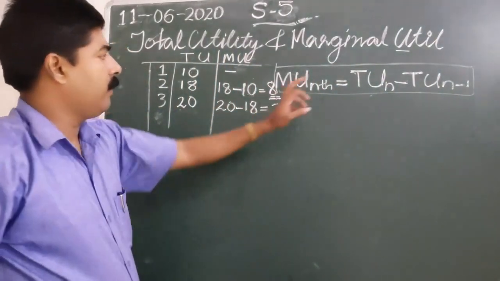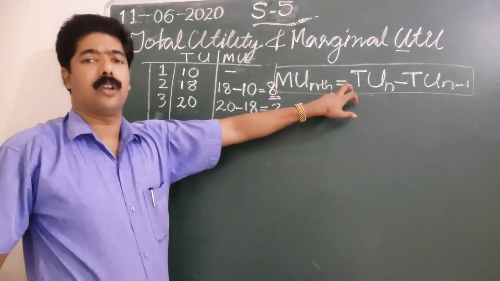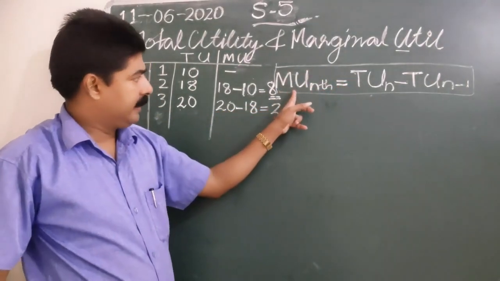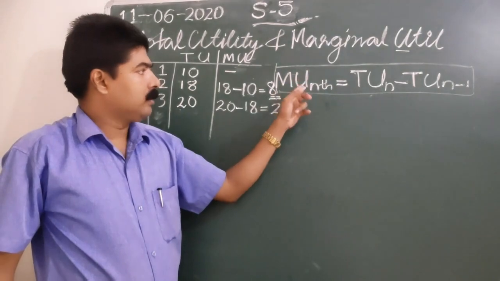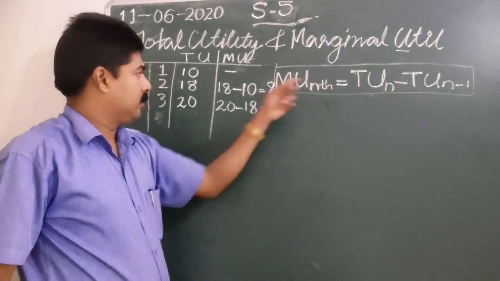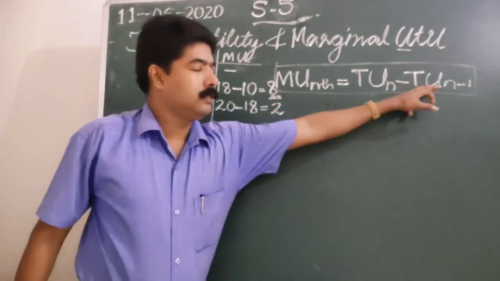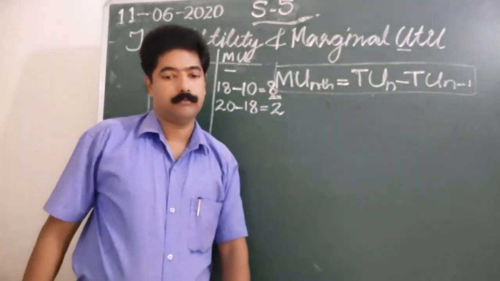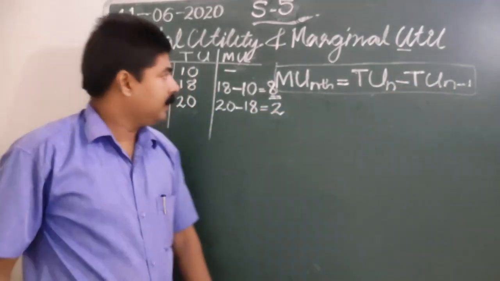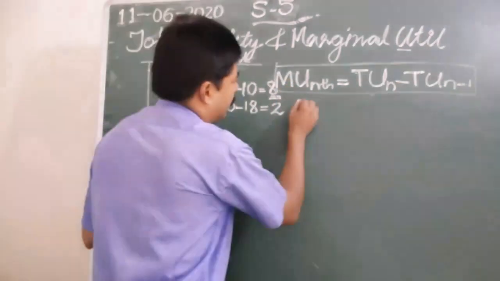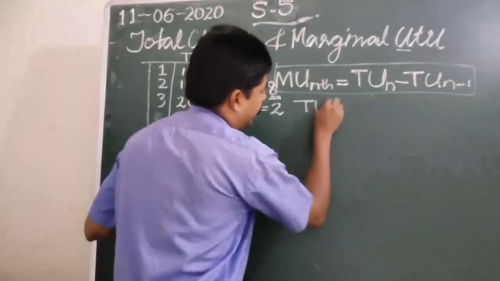So the symbolical form of obtaining the marginal utility is: marginal utility of n is equal to total utility of n minus total utility of n minus 1. Is that clear? Similarly, what would be the total utility?